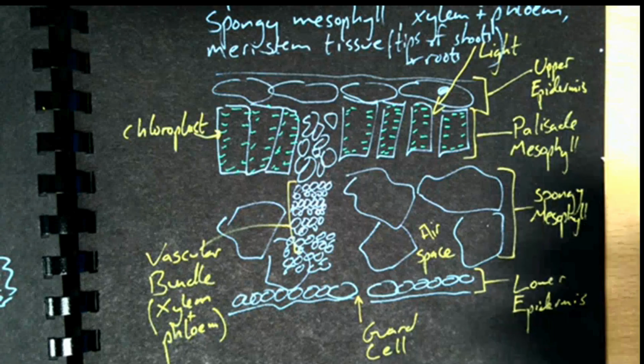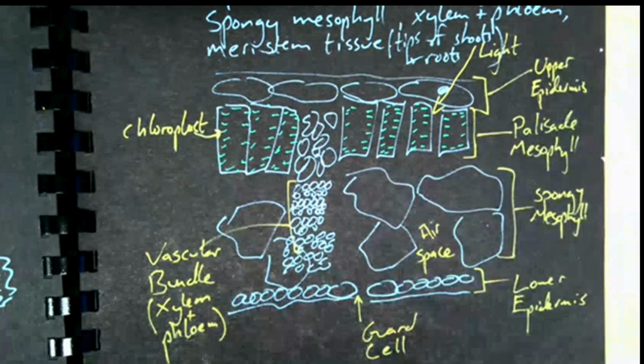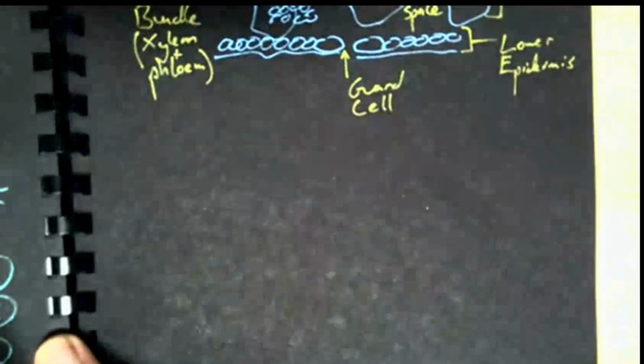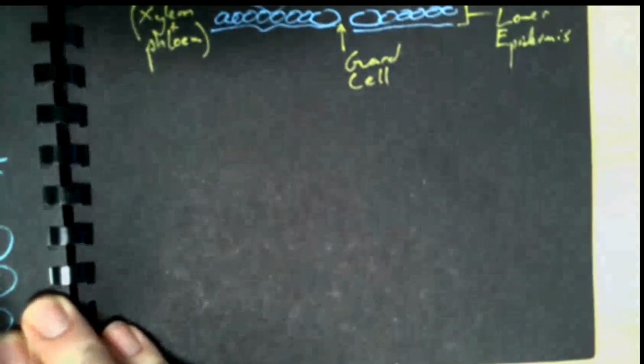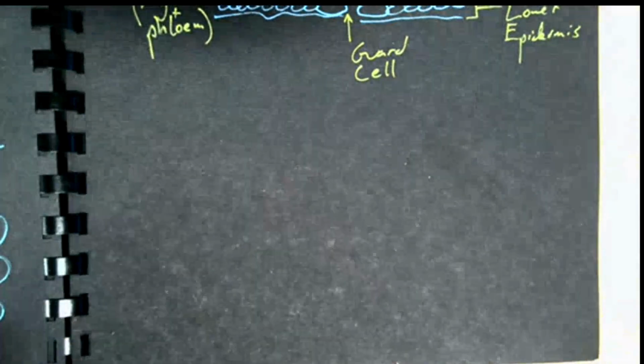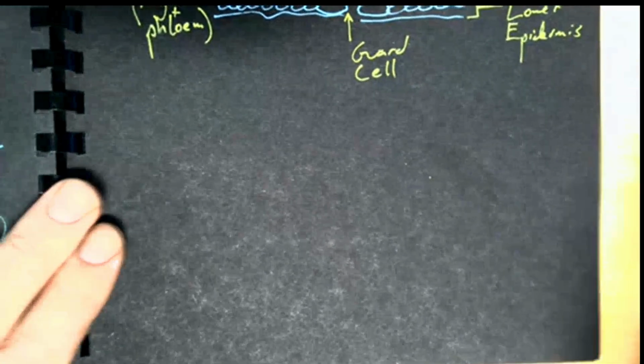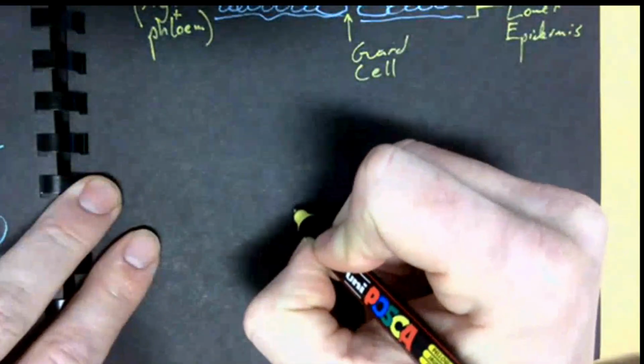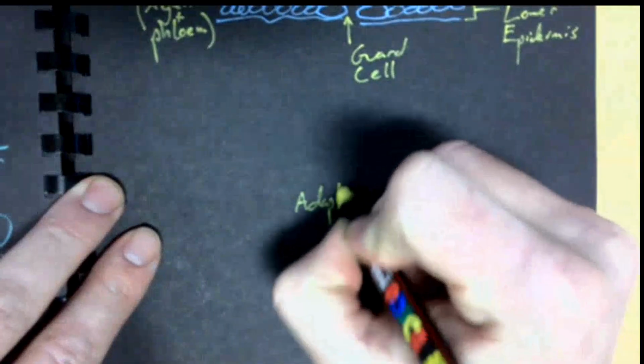So if we have a little think about the adaptations of a leaf, how it is adapted to do all the processes efficiently.